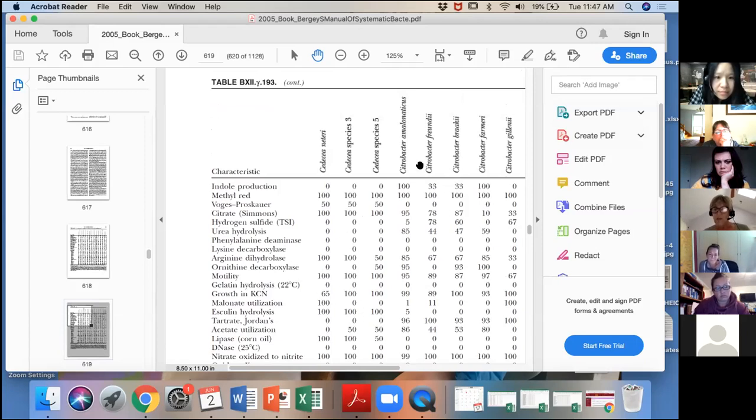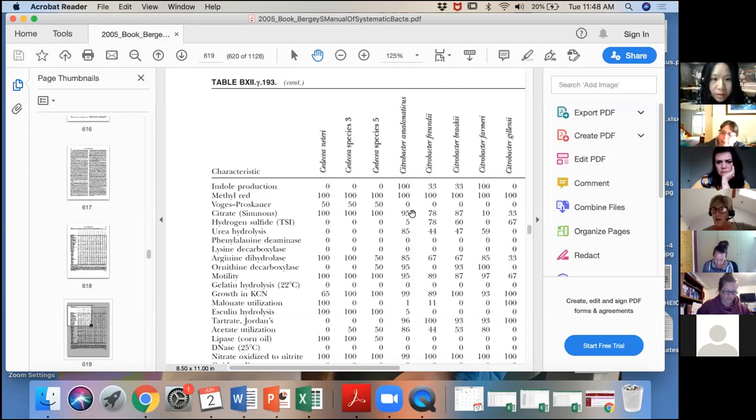So let's say we're looking at Citrobacter freundii. Well, let's look at Citrobacter amalonaticus first. Its IMViC would be positive, positive, negative, positive, which means it's indole positive, 100% are indole positive, 100% are methyl red positive, 0% are VP positive, and 95% are citrate positive.